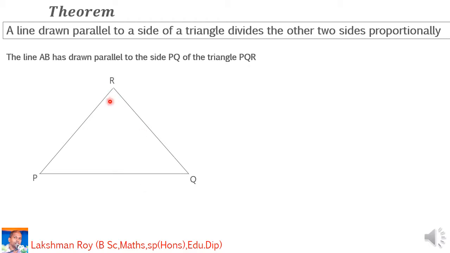Now you can see here, student, the line AB has been drawn parallel to side PQ. This is the side PQ. So we draw a line parallel to this PQ line. So these two lines are parallel, right? Parallel. This side you can name as AB, right?